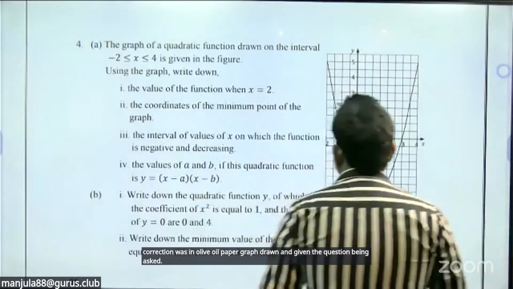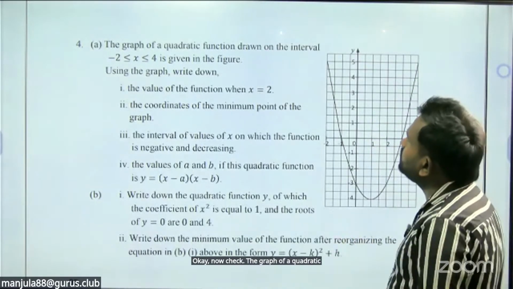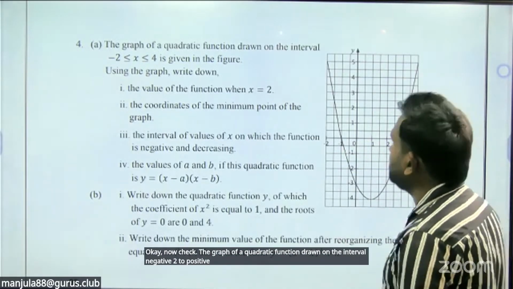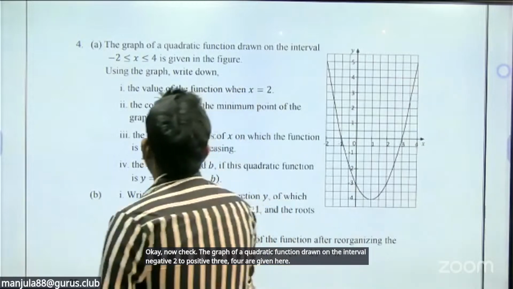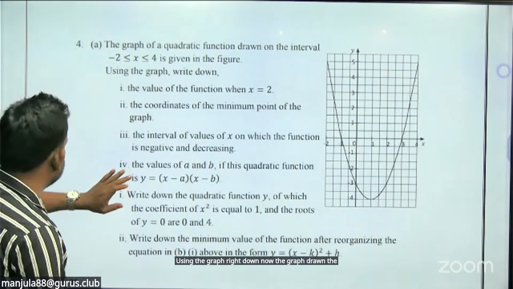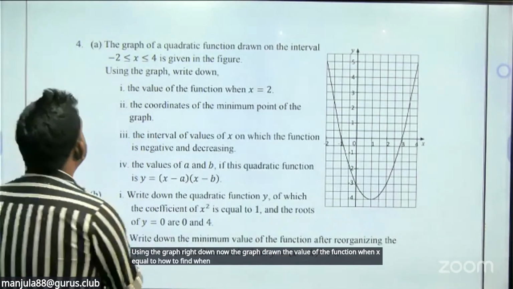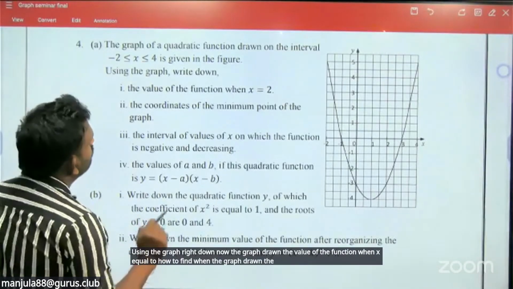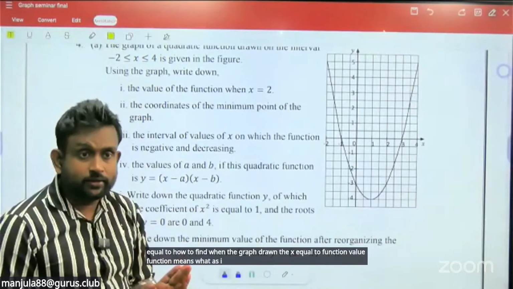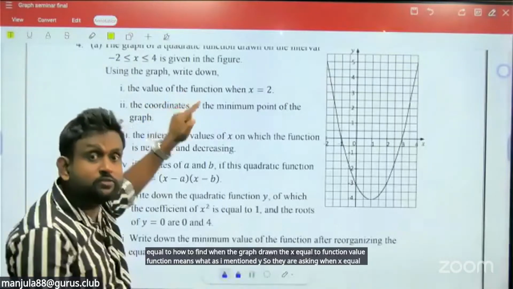Now check. The graph of a quadratic function drawn on the interval -2 to +3.4 is given here. Using the graph, write down the value of the function when x equals 2. How to find it when the graph is drawn? Function means what, as I mentioned, y. So they are asking, when x equals 2, the function value, meaning the y value.